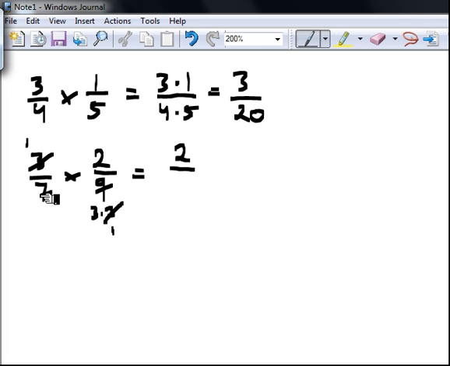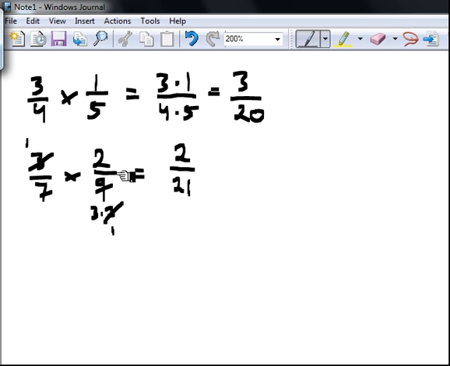Down here we have 7 times 3 times 1, but it doesn't change anything to take anything times 1. So 7 times 3, 21. So the answer would be 2 over 21, and you can't simplify it anymore. So that's a good trick to know, to simplify before we do the multiplication.